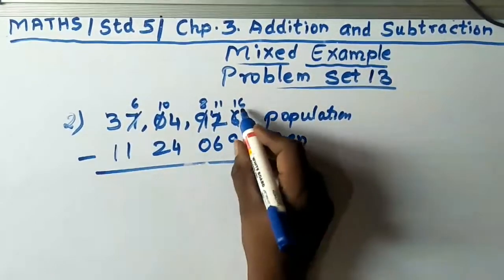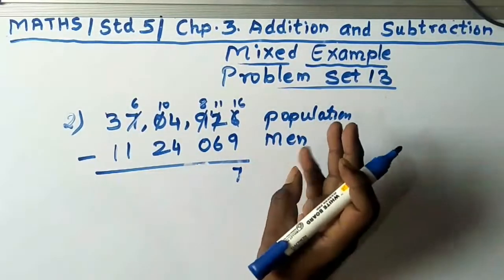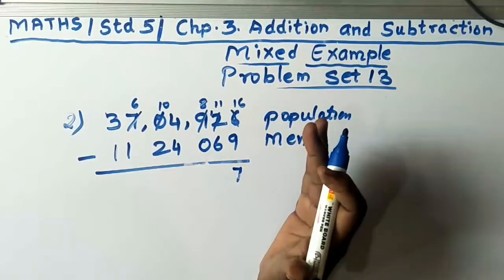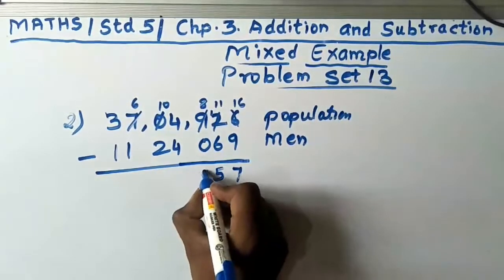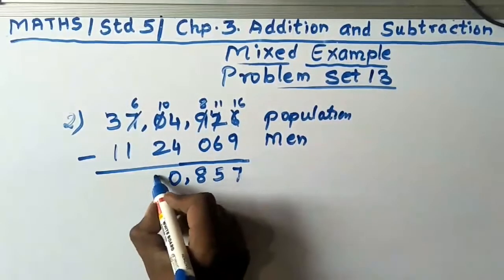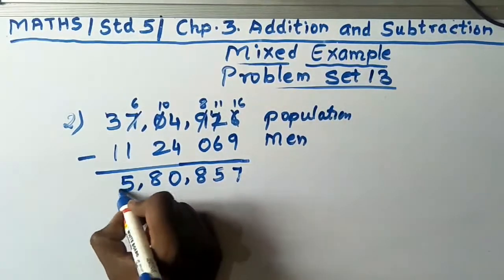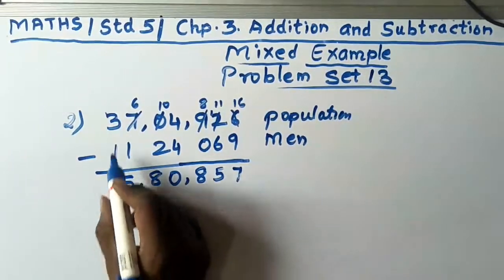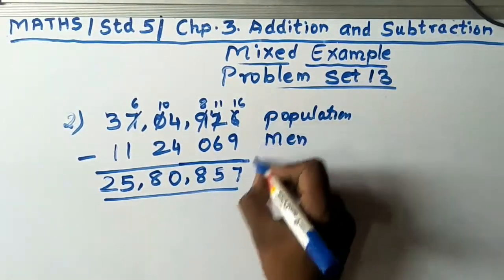So everything it goes. 16 minus 9 is 7. 11 minus 6 is 5. 8 minus 0 is 8. 4 minus 4, 0. 10 minus 2, 8. 6 minus 1, 5. 3 minus 1, 2. So this is the remaining.